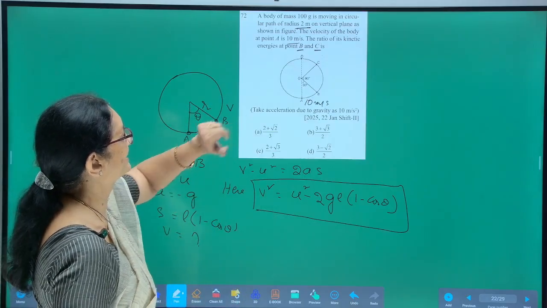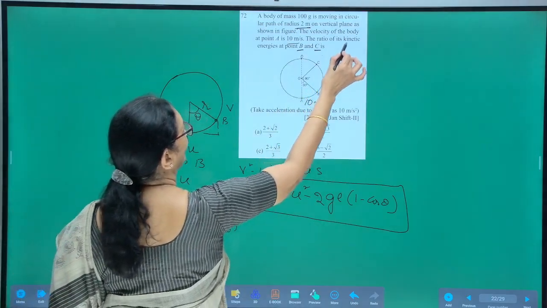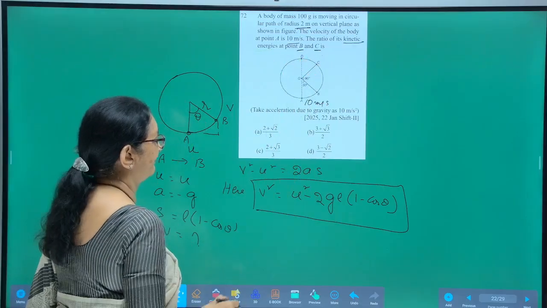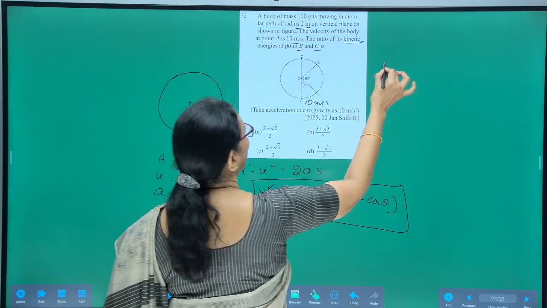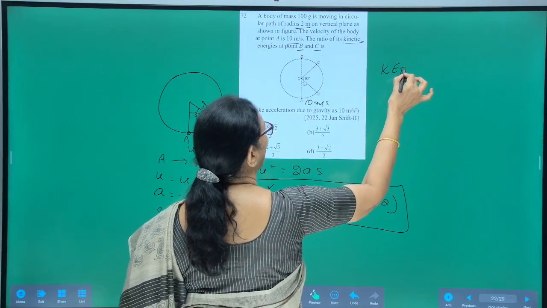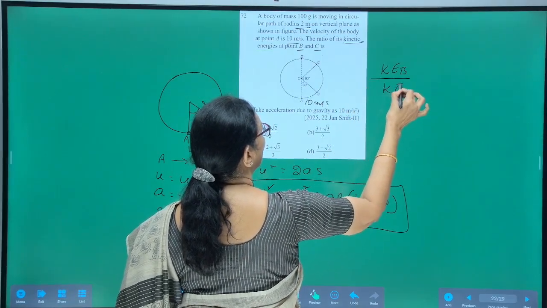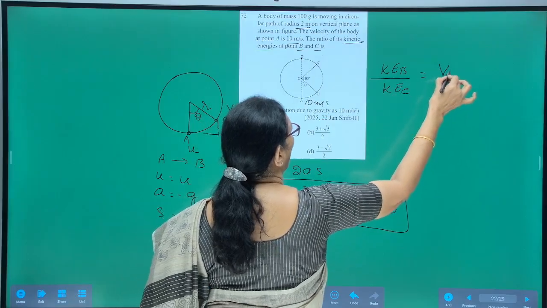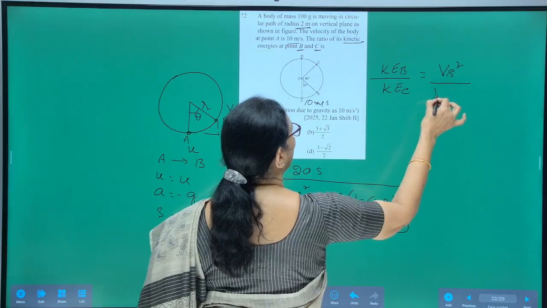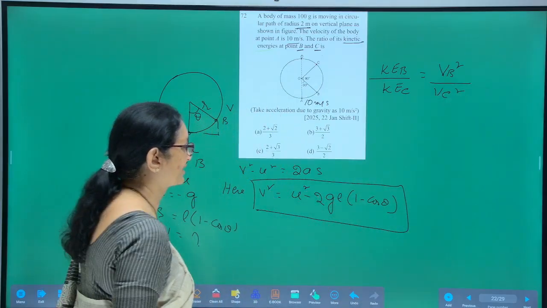In this case, you are supposed to find the ratio of kinetic energies at different positions. So kinetic energy at B to kinetic energy at C is velocity at B square divided by velocity at C square.